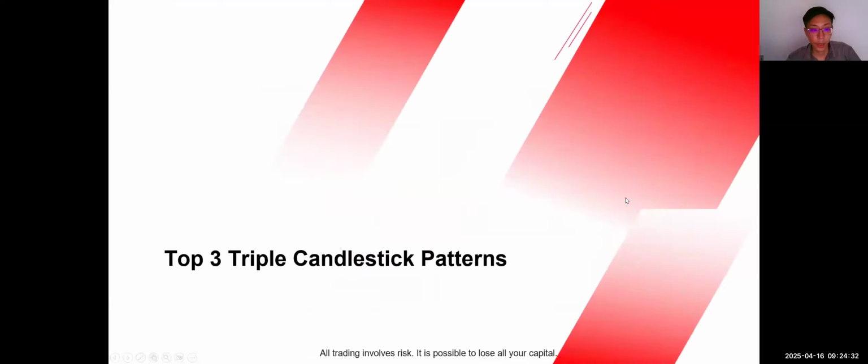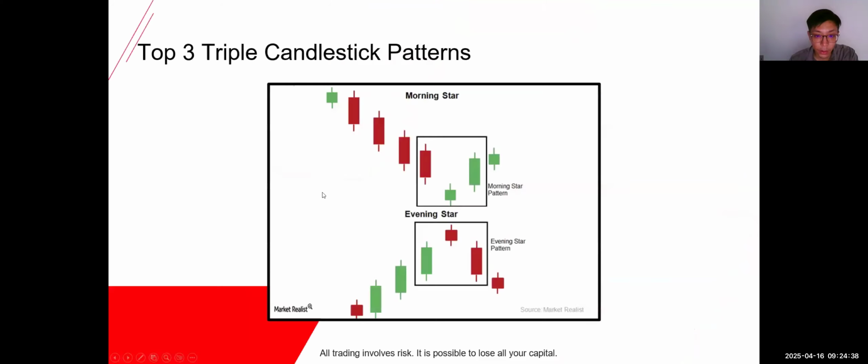Okay, then the next thing is the top three triple candlestick patterns. All right, this is the one. Cleon, this is the one where you have to realize, remember just now I drew for you guys, this candle, and then we have a skinny body, long wick, and then we have something like that, right?